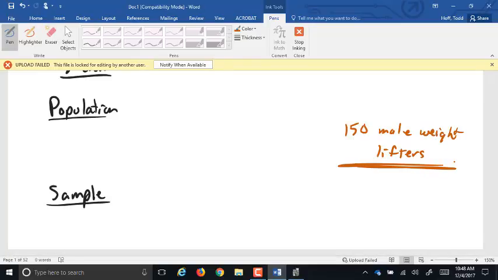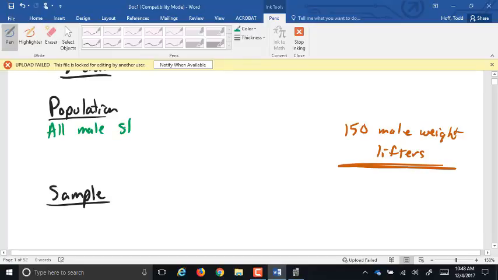Remember, the population is the group we want to learn about, not necessarily the group we look at. The study started out looking at all male steroid users.